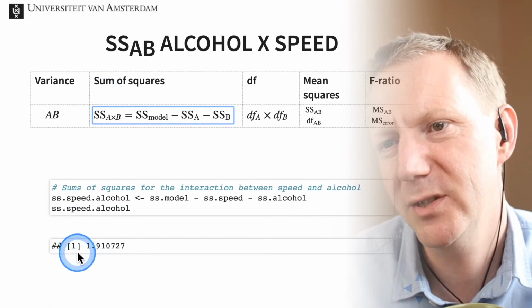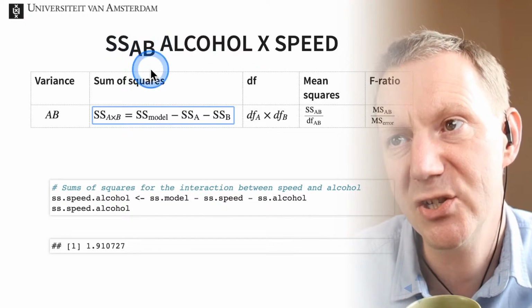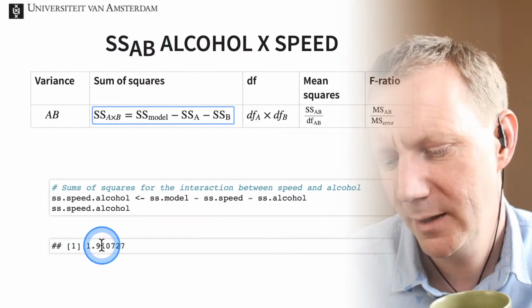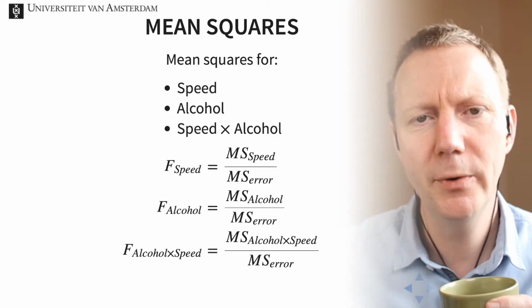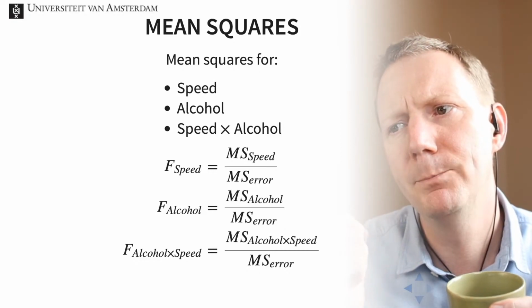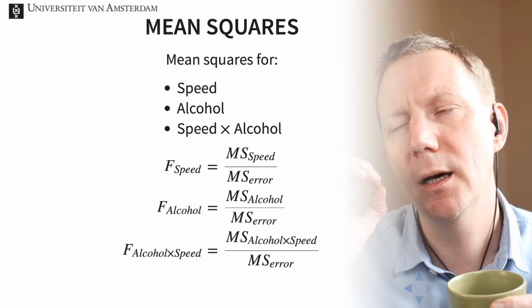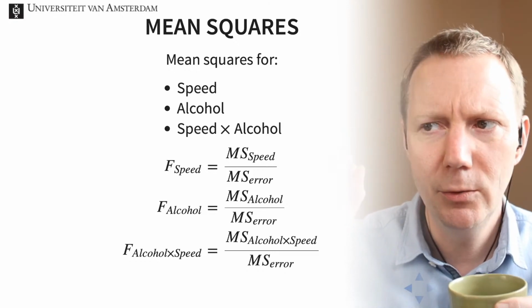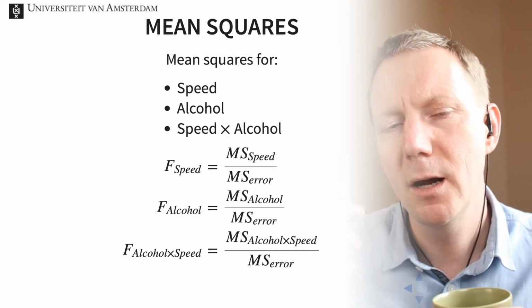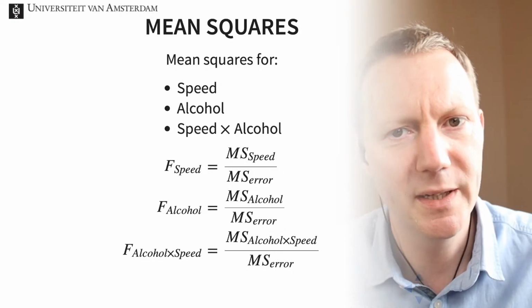So if we have the sums of squares for the interaction term of 1.9, then I need to test this. When you're doing an independent factorial ANOVA, you will get a few results that you could be interested in.